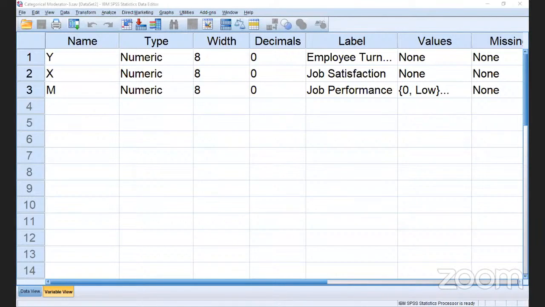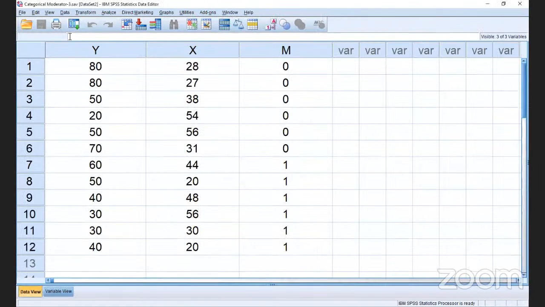In this case study, we can see... I am repeating the process of how to perform the moderation in the PROCESS macro.